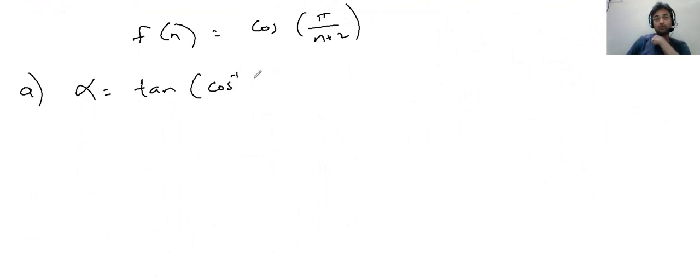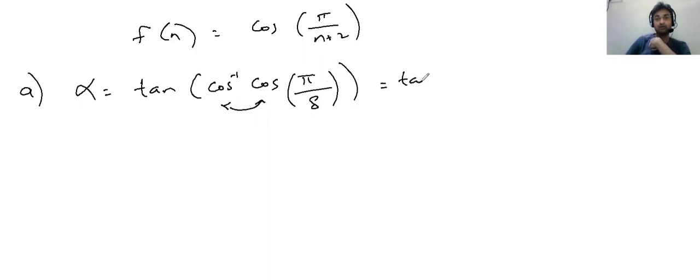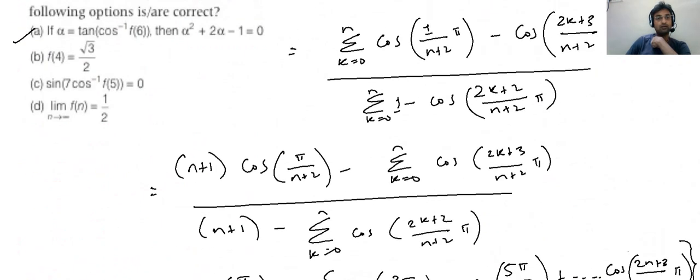Basically f of 6 is cosine of pi divided by 8, right? Whenever we have this kind of condition, they kill each other. So I am left with tan of pi by 8. If you remember the value, tan pi by 8 is square root of 2 minus 1. So this is basically our alpha.